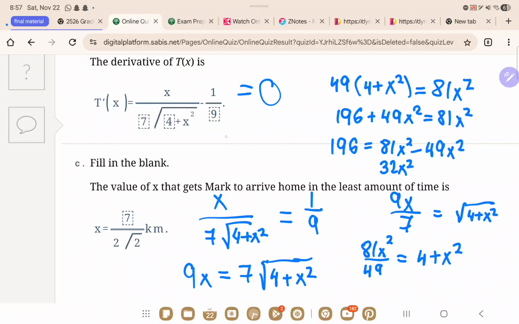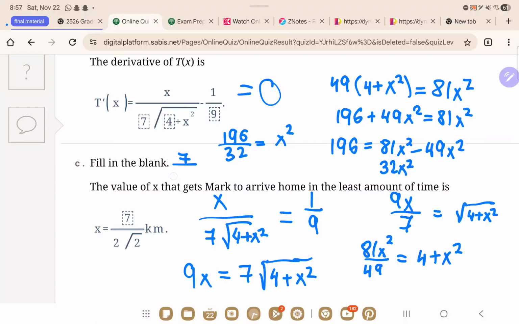Now 196 over 32 equals x squared. You put this into your calculator: radical 196 divided by 32. You're going to get 7 over radical 8, obviously.